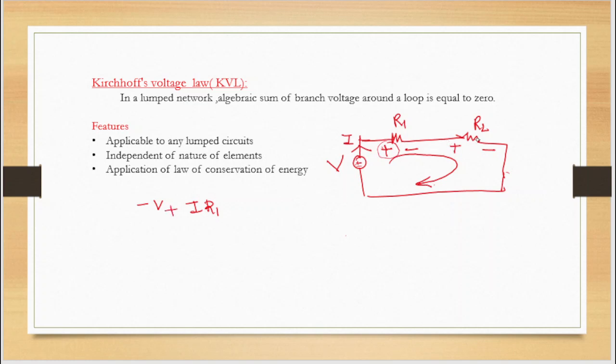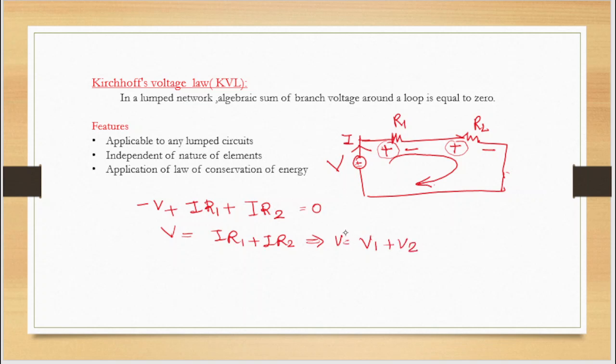Next, the voltage drop across resistance R2 is IR2 and the sign will be positive. While going through the loop, whichever sign is encountered first, we put that sign. Now V is equal to IR1 plus IR2, or we can rewrite it as V is equal to V1 plus V2.